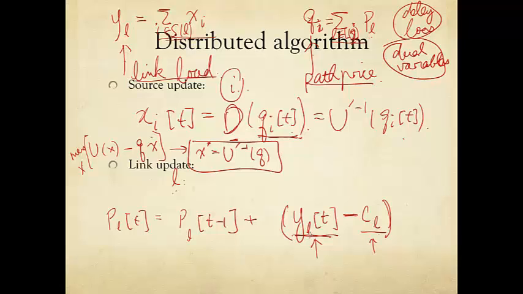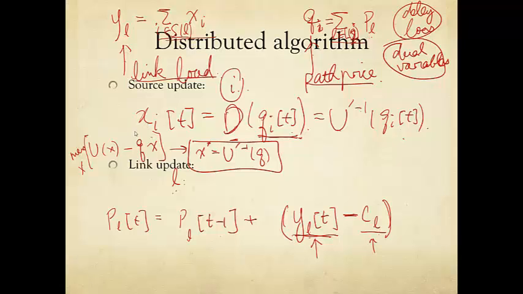If the demand is bigger than the supply during this step of the transient, then you're going to increase your price next time. When this P is increased, then all those Qs for those sources who use this link L will see a bigger Q. As Q becomes bigger, U prime inverse, the demand function, is a decreasing function that will make the source rate lower.